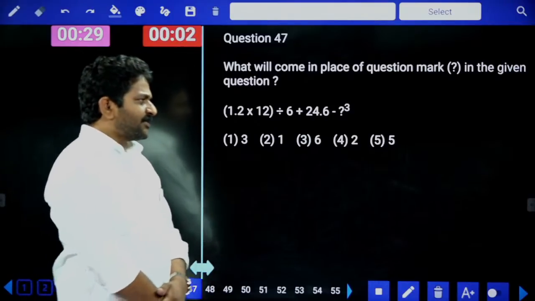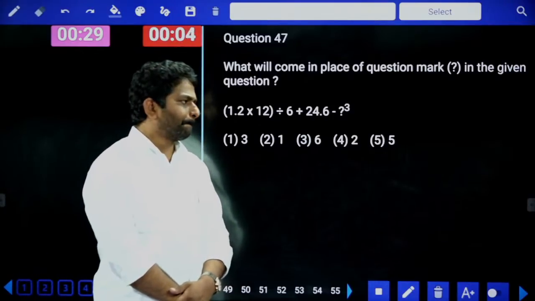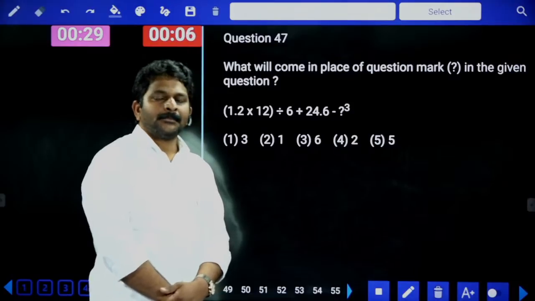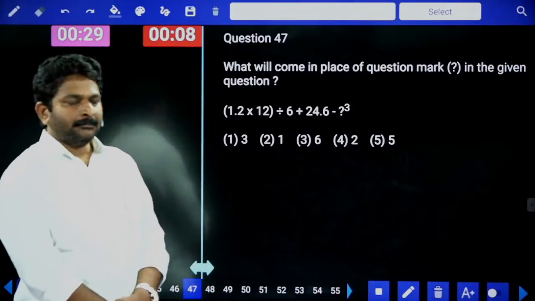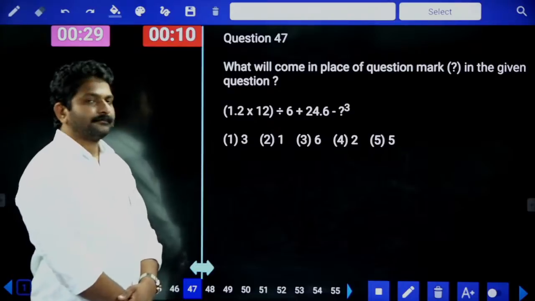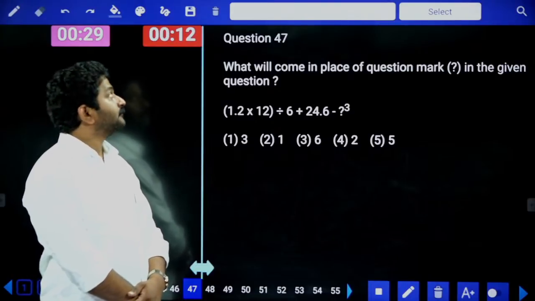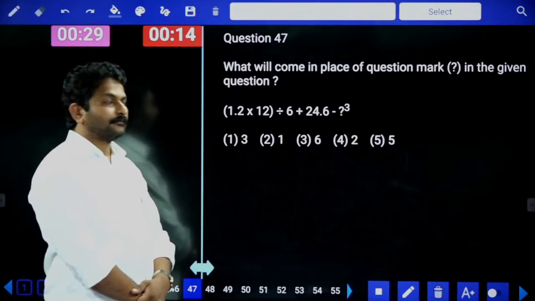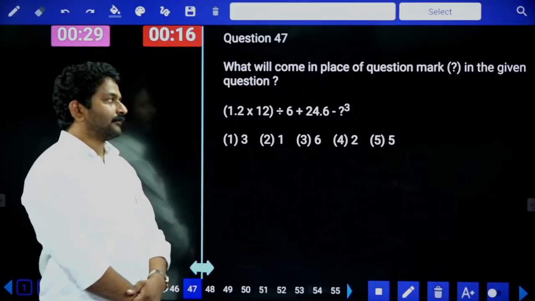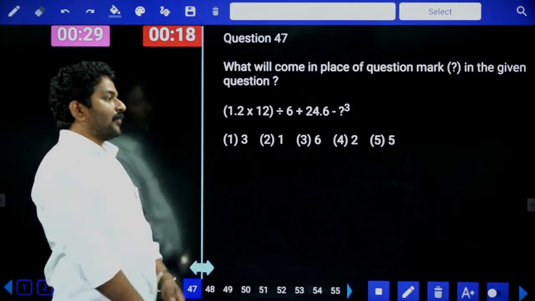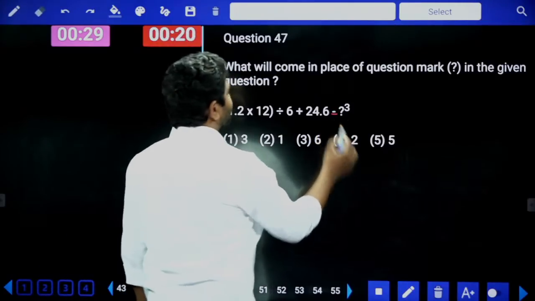And here is your question now. This must be equal symbol. This is equal to.